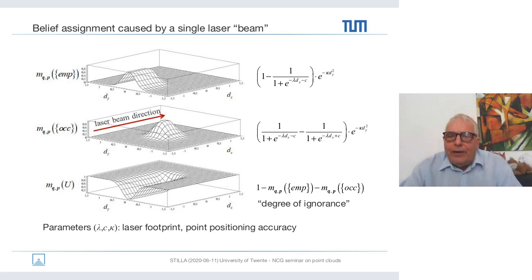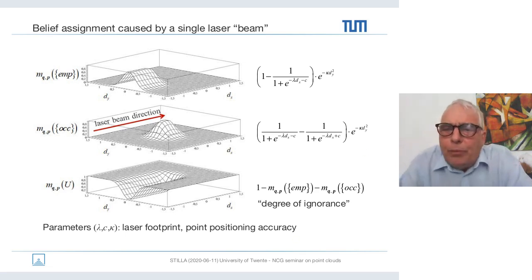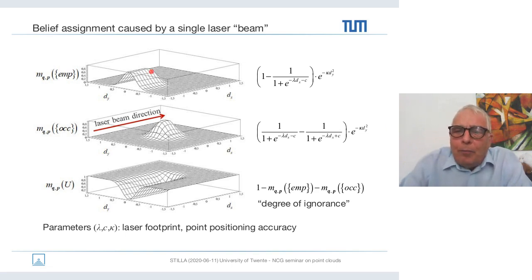Depending on our parameters, meaning laser parameters and beam divergence, we are modeling a belief assignment for the laser point for the reflection.